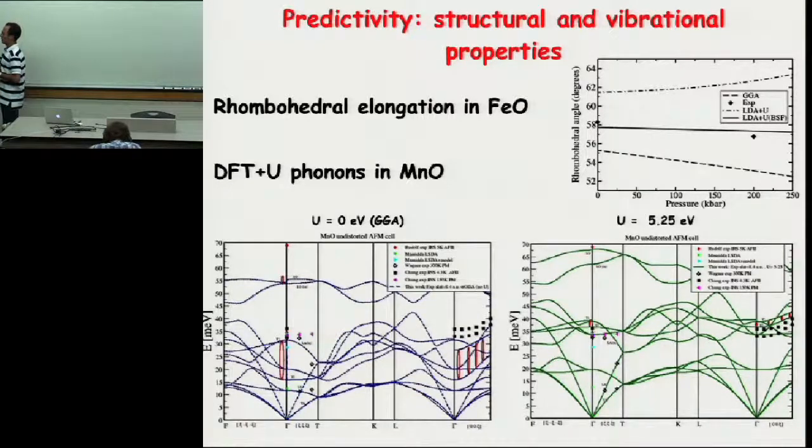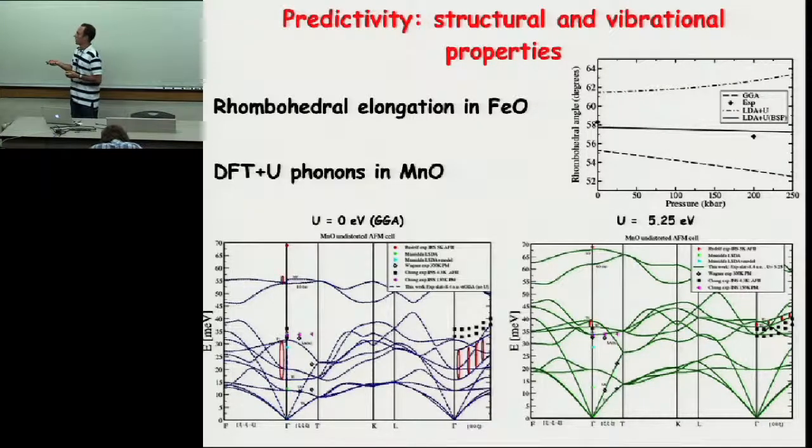So this is one of the last things we have been working on: extending density functional perturbation theory, which is normally used to compute phonons in PWSCF or ab initio, let's say, across the entire Brillouin zone, to the DFT plus U ground state. And you can appreciate by sight that it has a very significant effect on the phonon dispersion.